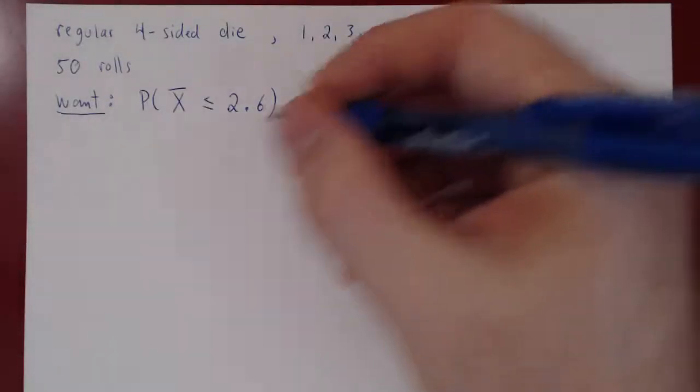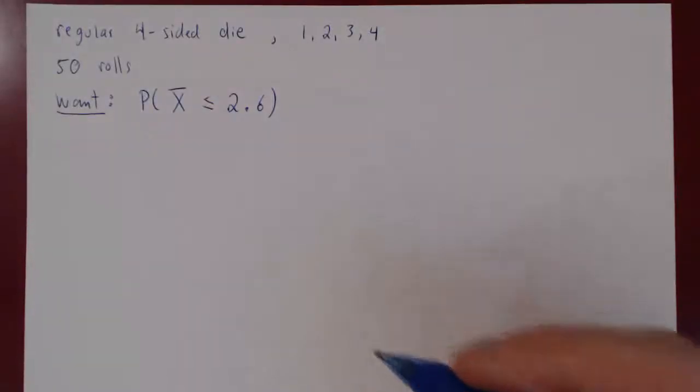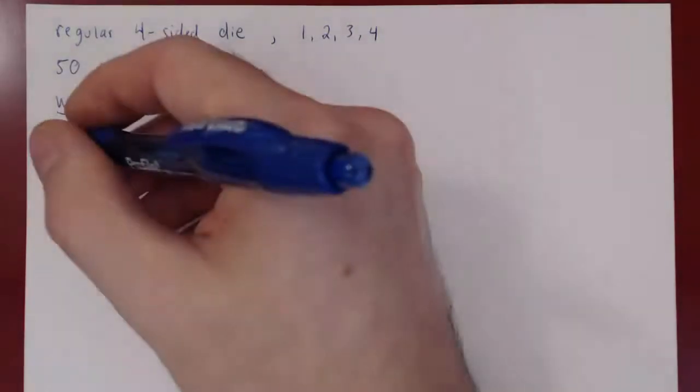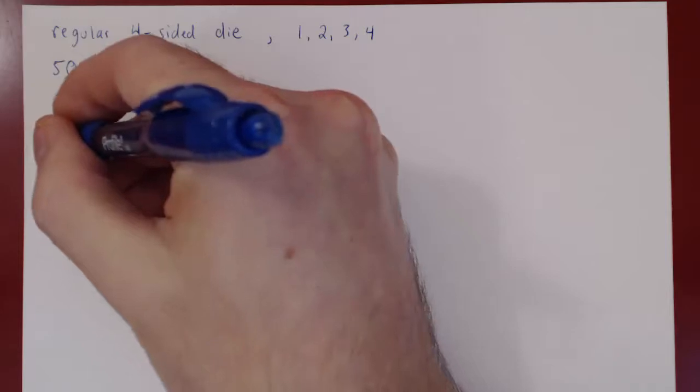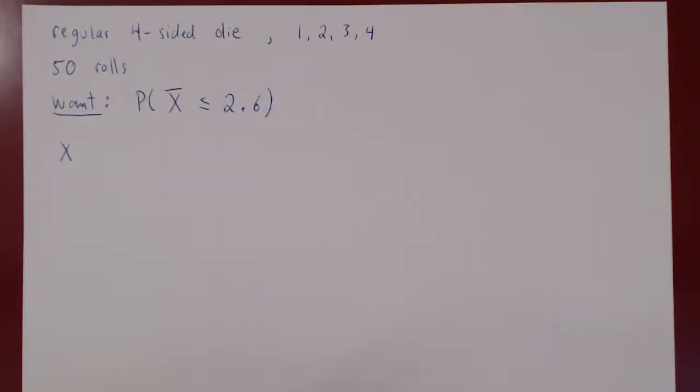Well, if you think of it, we would have our first roll, and we would observe the figure from the first roll. But that number could be a 1, 2, 3, or 4. So every time we roll this die and we observe a figure, that is a random variable. So suppose that x1 is the result from the first roll.